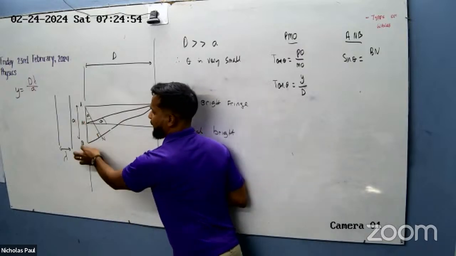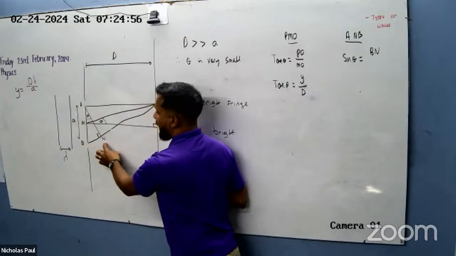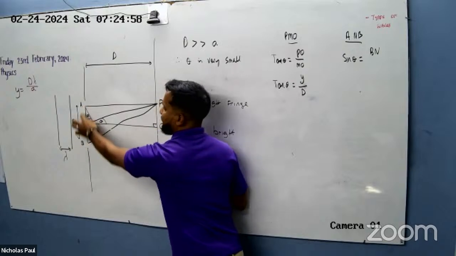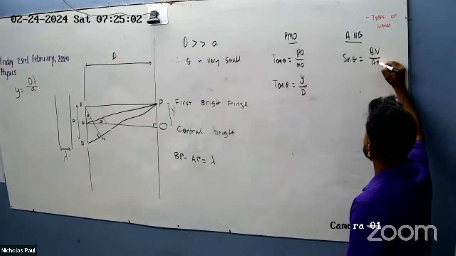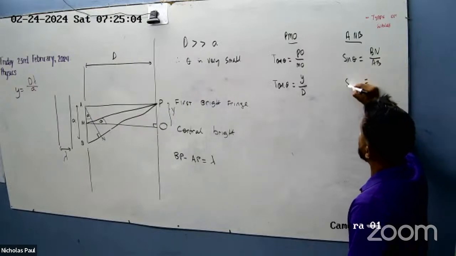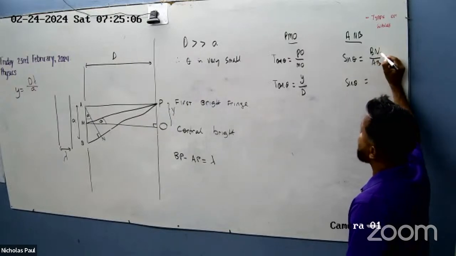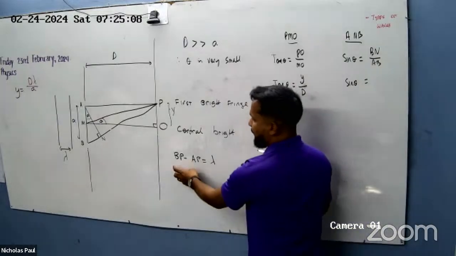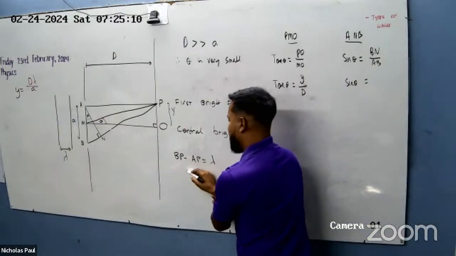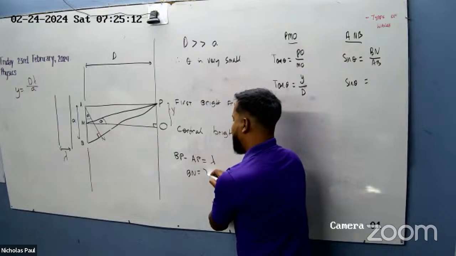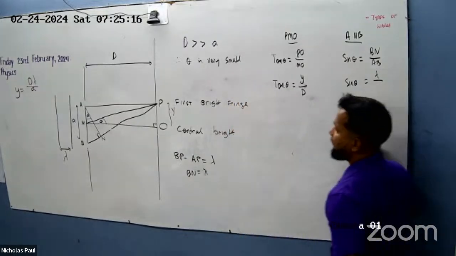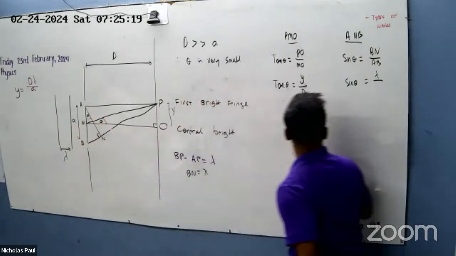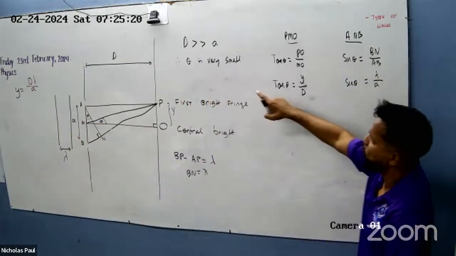Opposite is BN, and here is your hypotenuse. So it will be BN over AB. BN is the path difference here, so BN is lambda. And AB is small a. What did I say about theta?